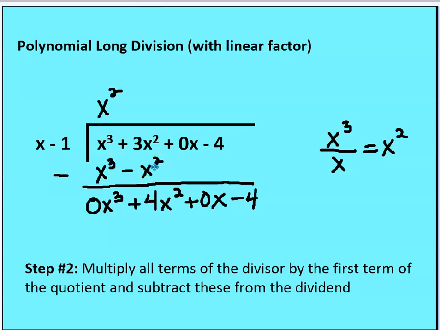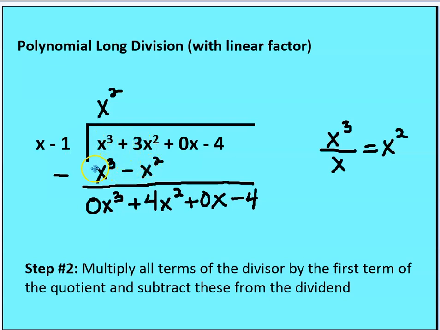Okay, and so now we're going to take x cubed minus x cubed. So we have to place this minus sign here. So we're going to subtract the result of multiplying the quotient by the divisor from the dividend. So x squared times x is x cubed. X squared times minus 1 is negative x squared.